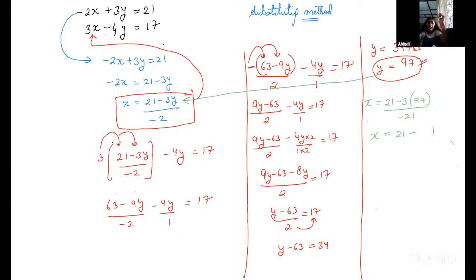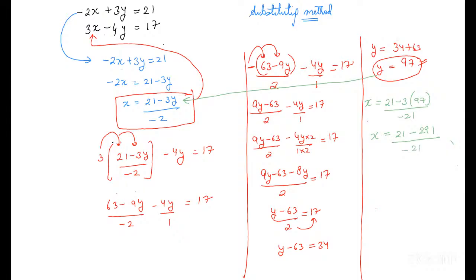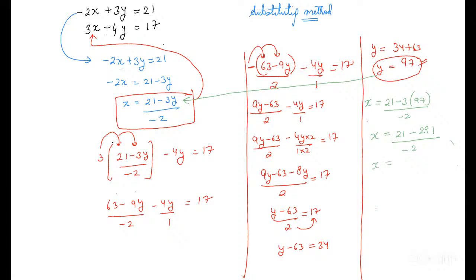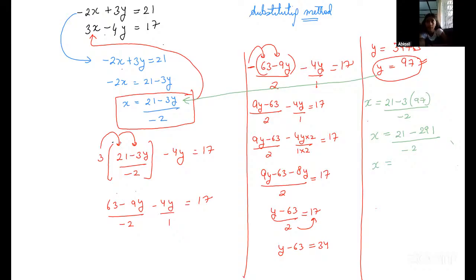Sir, I have another doubt. In the elimination method, if the signs of the two variables are different, then we have to add. And if we have to add, will we change the signs like we do for subtraction?